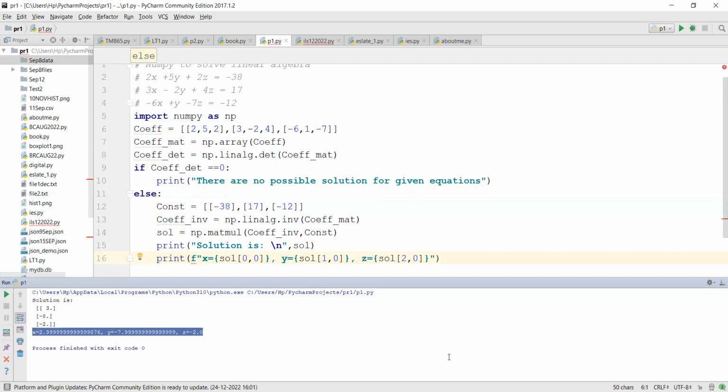Easy, isn't it? Okay. The key here is to know which data structure to use. Once you know that, okay, I need to use Numpy, you have all the methods here. You have methods to perform determinant, methods to perform inverse, method to perform multiplication. You just have to call them in the right order with the right values and you get the answer.